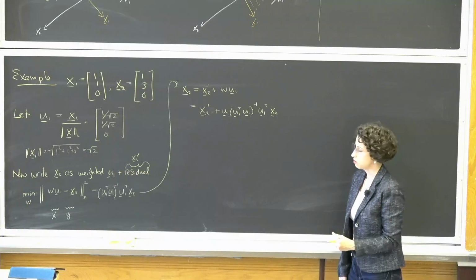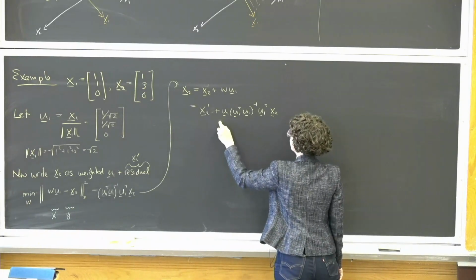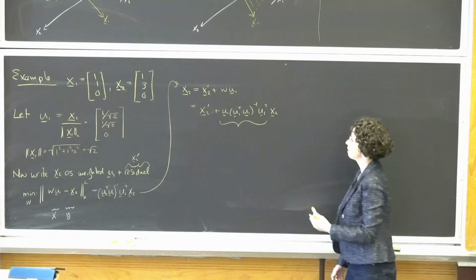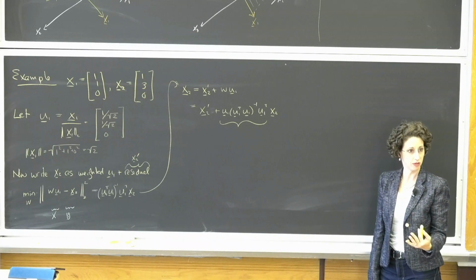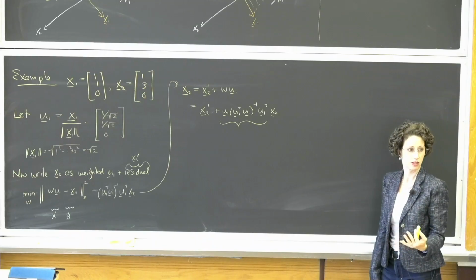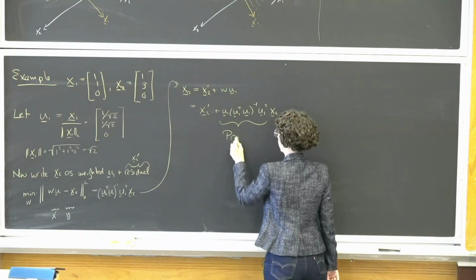And I spell it out like this for a couple of reasons. First of all, this has a very special form. This is a matrix. It's got a name. We've talked about it a few times. Anybody remember what this matrix is? Yeah. This is a projection matrix. Exactly right.